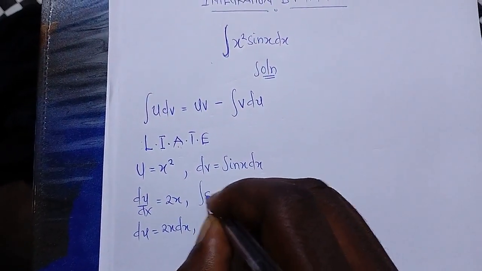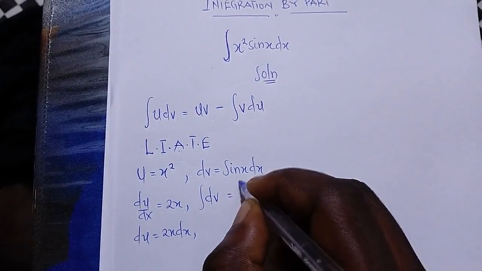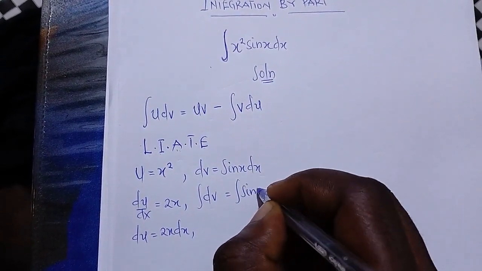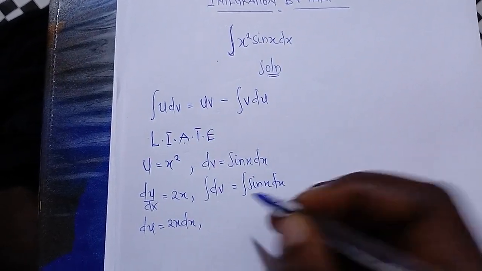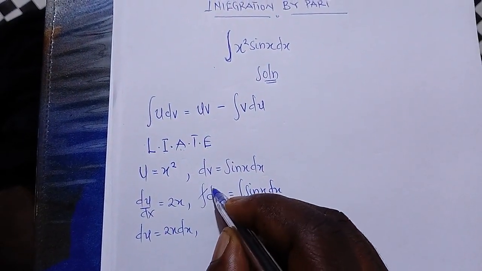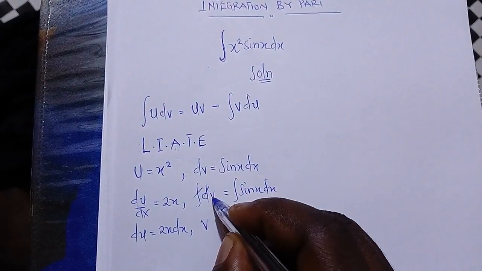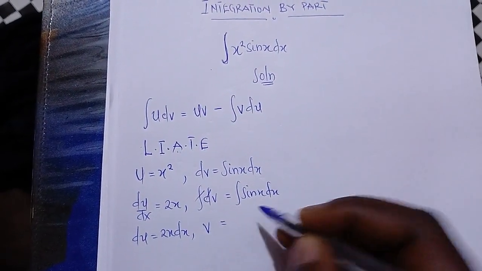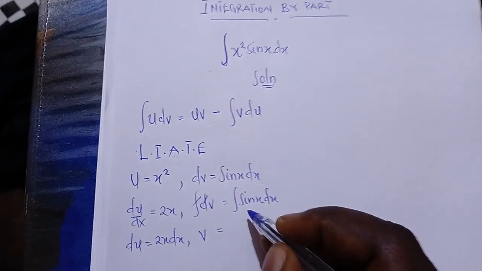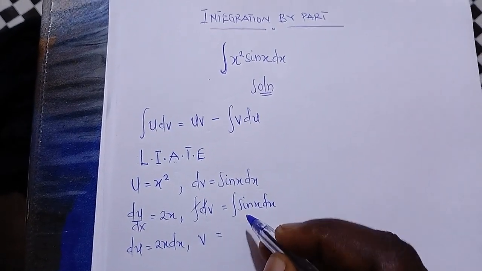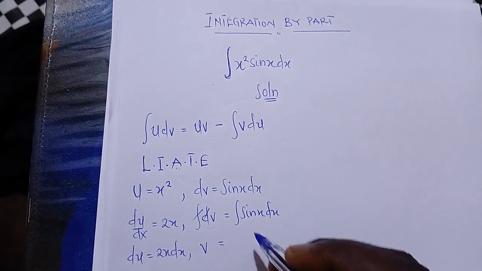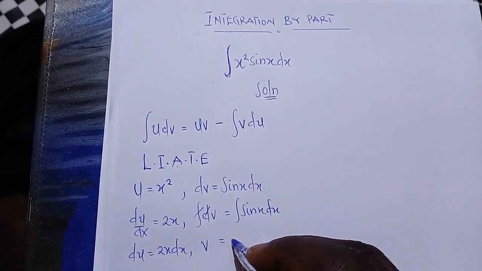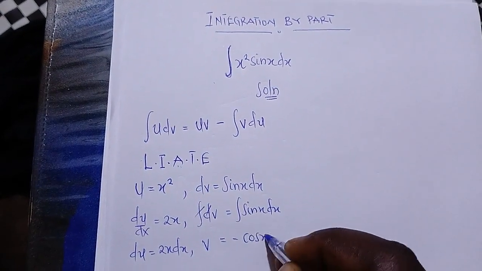I'm going to integrate this side and then integrate that side. The integral sign will cancel the d, leaving v on this side, which is equal to, if I integrate sine x, negative cos x.